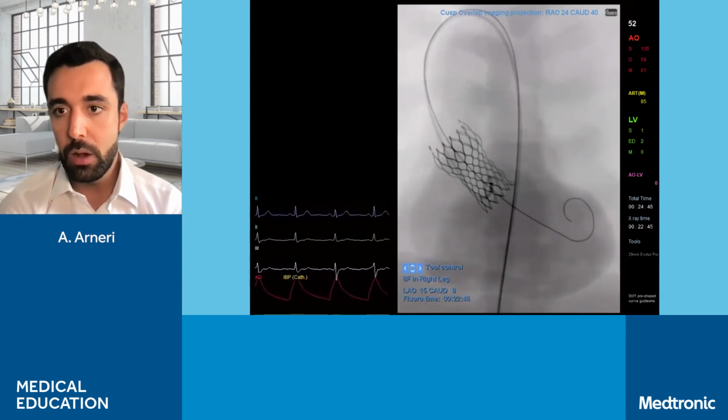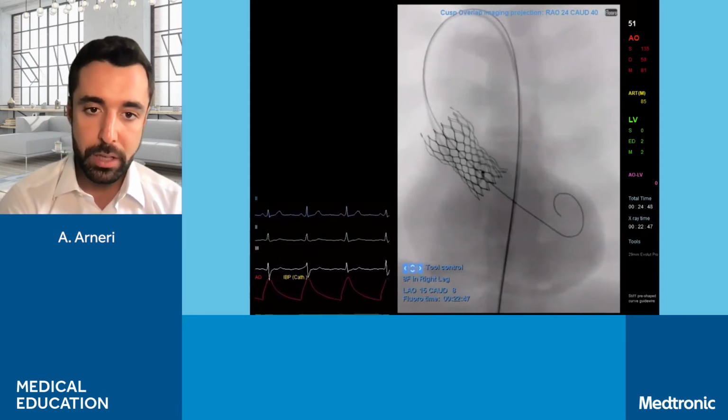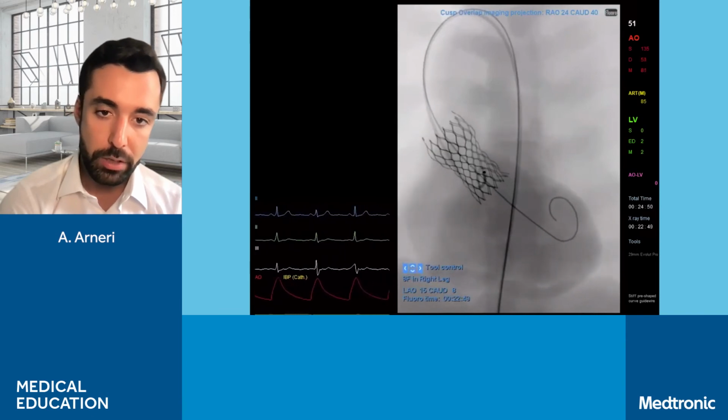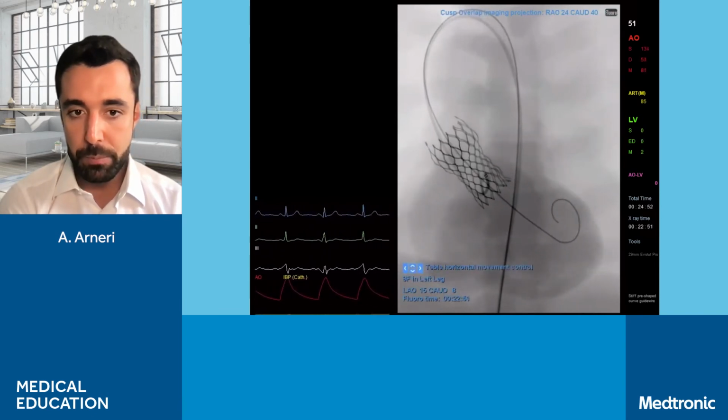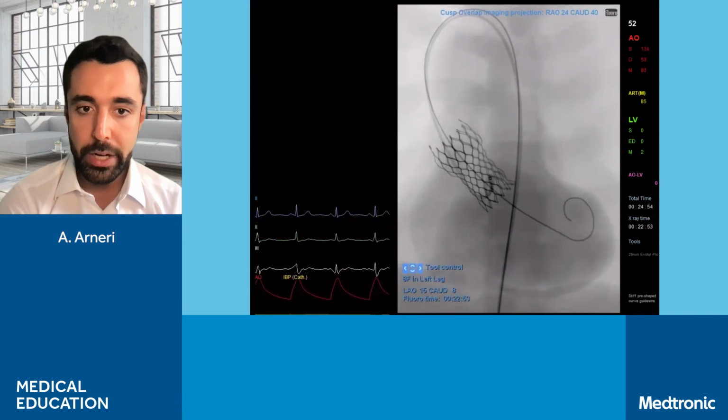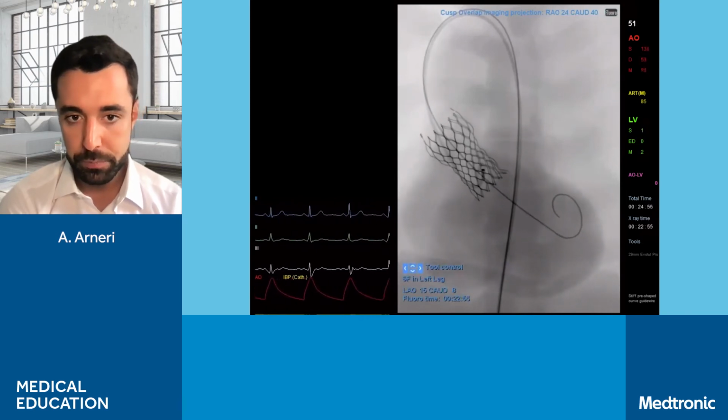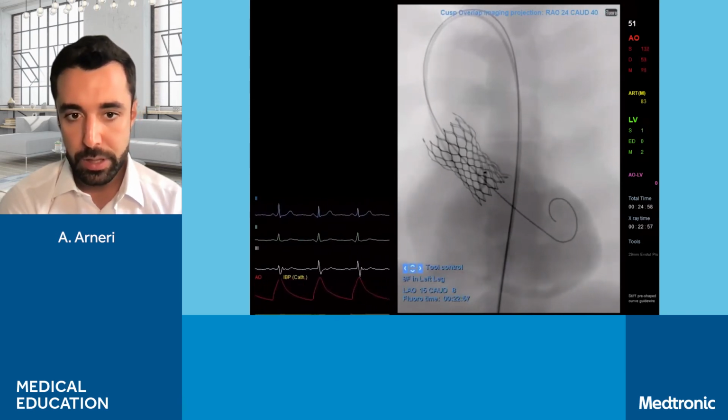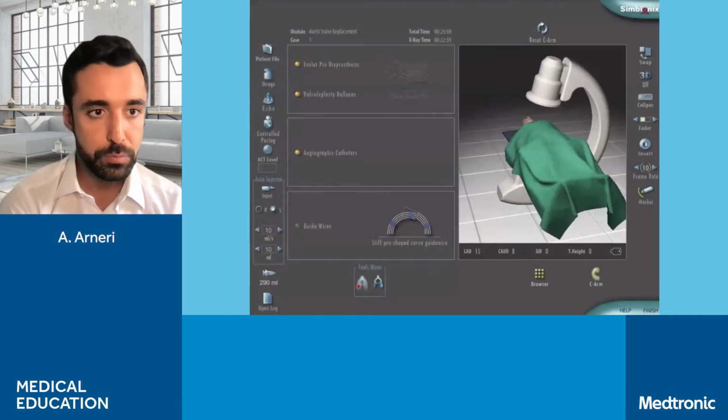What we want to do now is remove the pigtail from below the valve, the one in the non-coronary cusp. We have to place a J wire into the pigtail in order to be as safe as possible.